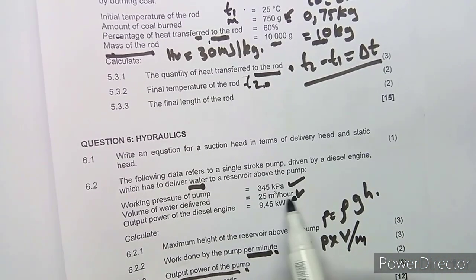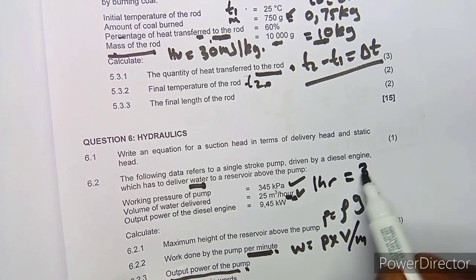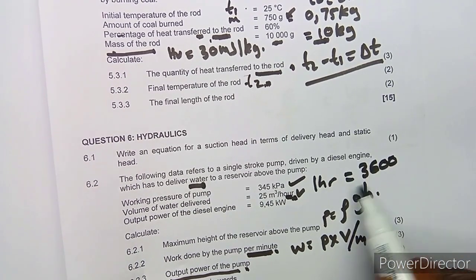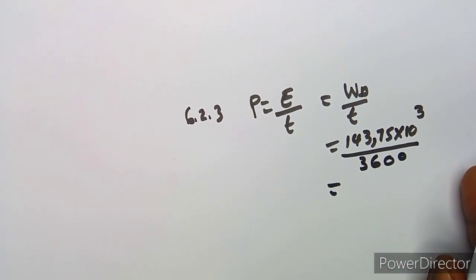This was per hour. The time is already there. It's per hour, which is 3,600. Remember, 60 times 60. Okay, so it's going to be 3,600.